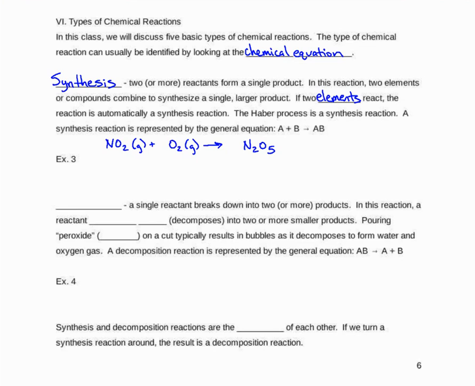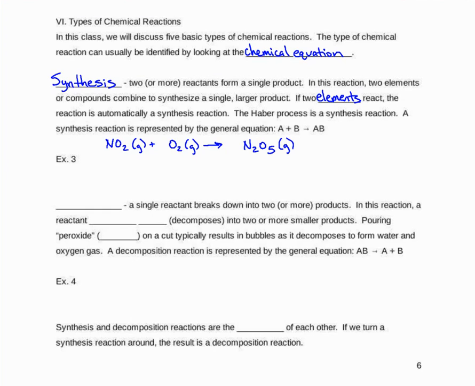If you need to review the steps for balancing an equation, you can look at the top of this page. Step 1 is write the skeleton equation. This is step 1. Step 2 is count the atoms. So I'm counting them.